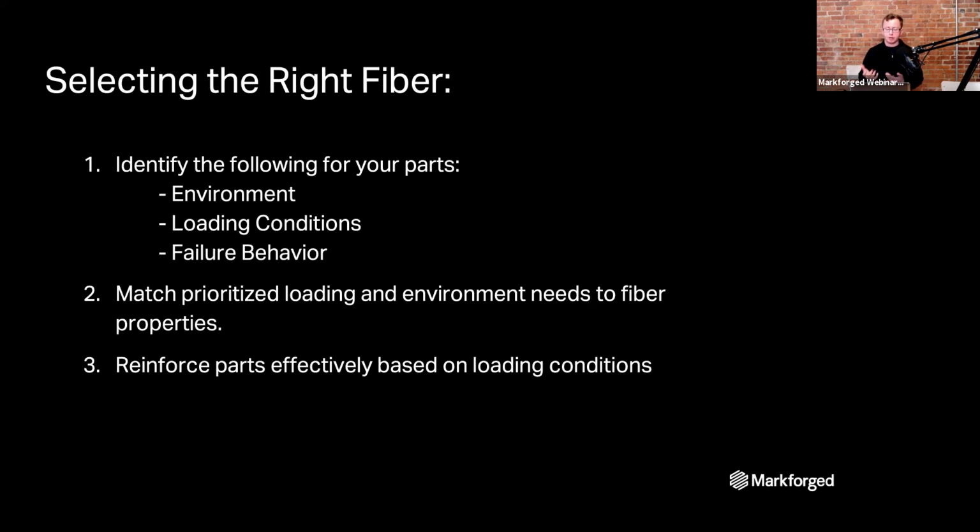So this exercise is just to get you thinking in that mindset of looking at an application, being able to pick out what the important aspects of it are, and thinking critically about that environment and those loading conditions, how you want it to succeed, how it should fail if it does fail, and overall what behaviors you need it to have. And then match those prioritized loading and environment needs to fiber properties.